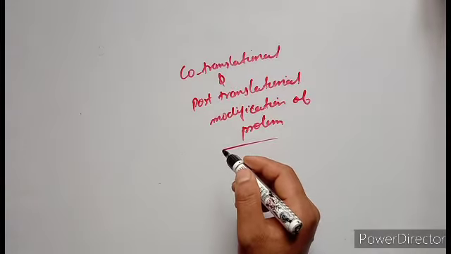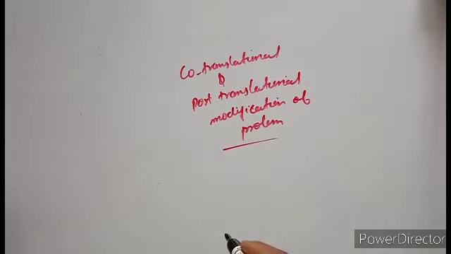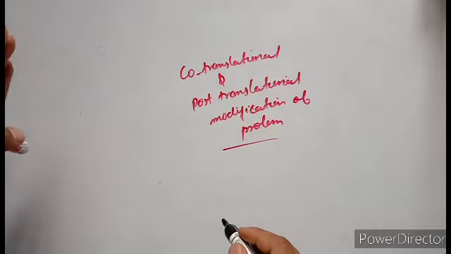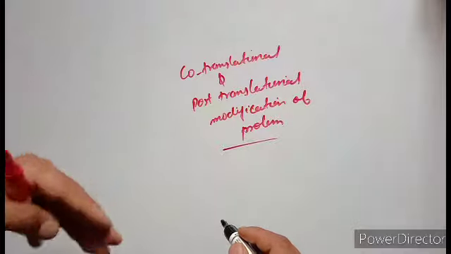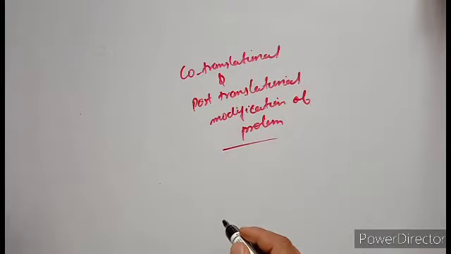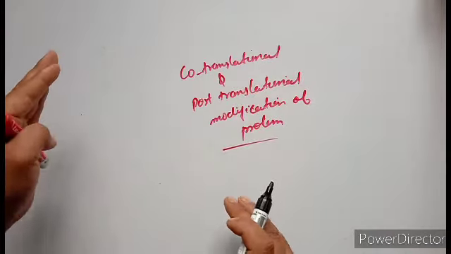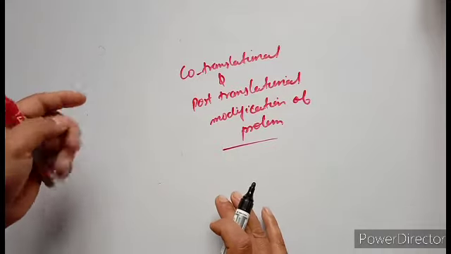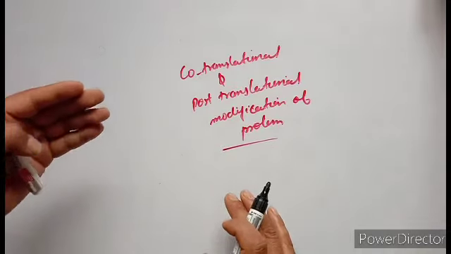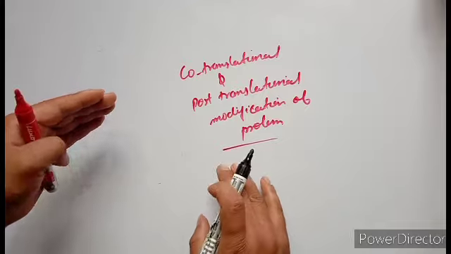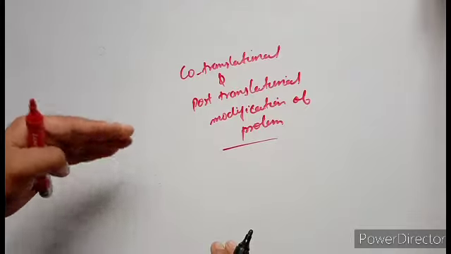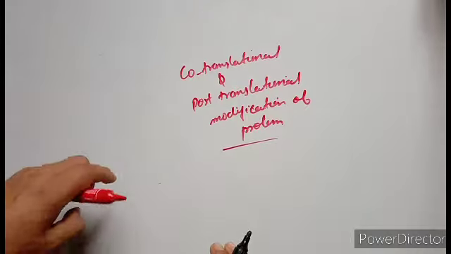What type of modification happens to the protein while protein synthesis is going on, and second, after the completion of protein synthesis, what type of modification do we see in that particular protein. These are called the co-translational and post-translational modifications.